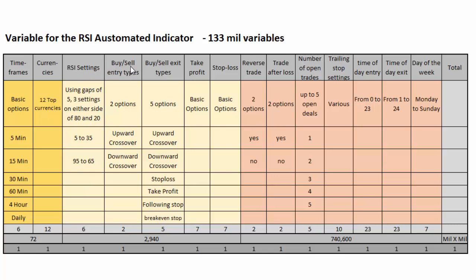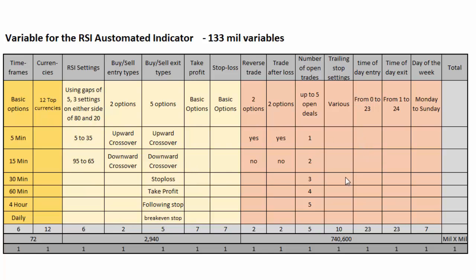Then we come to the major strategy decisions, and those are the ones that are going to affect profitability in a big way, and those I've colored in the light yellow or beige color. And those are the RSI settings, the ways of entering and exiting and how to take profit. So those are the major drivers of profitability in the EA.